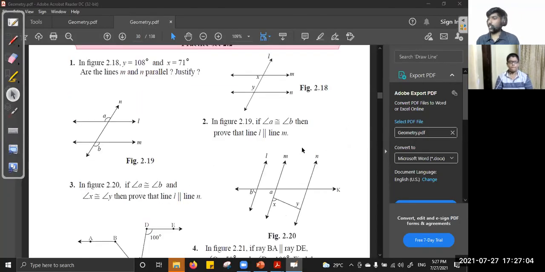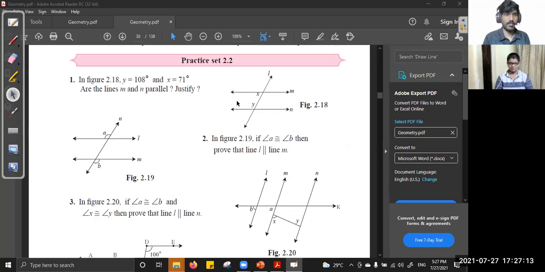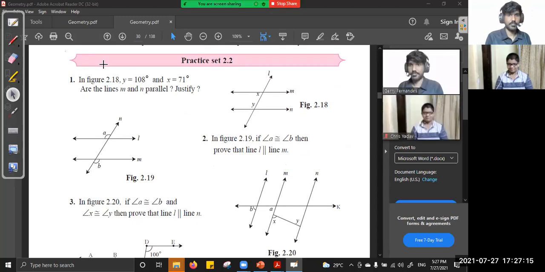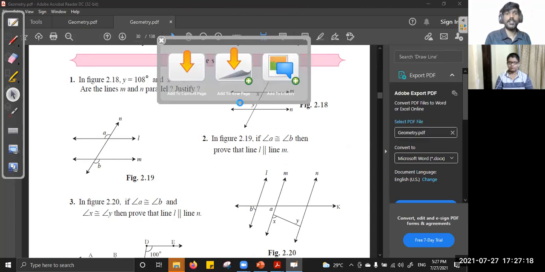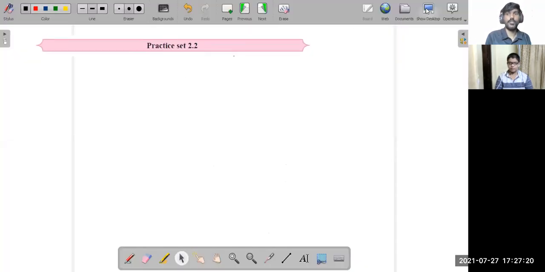Okay, so I think now we can start with the exercise. Practice set 2.2, first one.